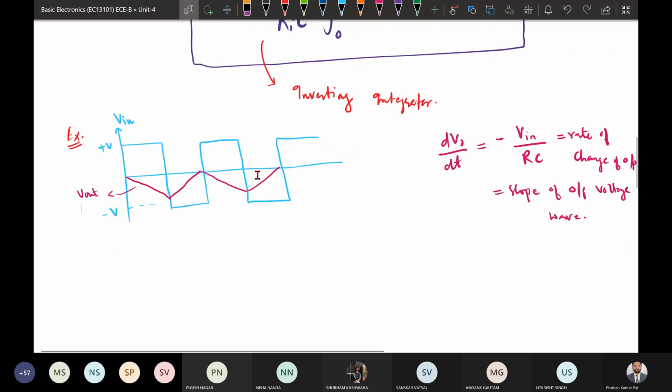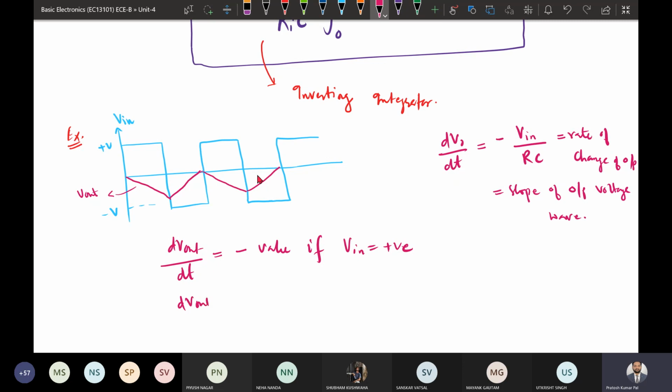Okay, so from there we can see that the change in V output divided by dt is equal to a negative value if V input is positive.